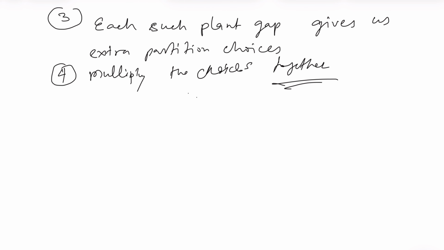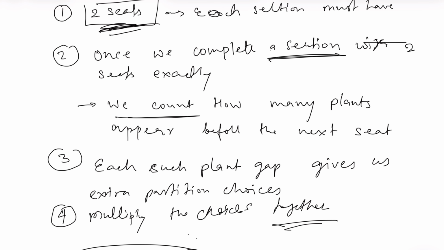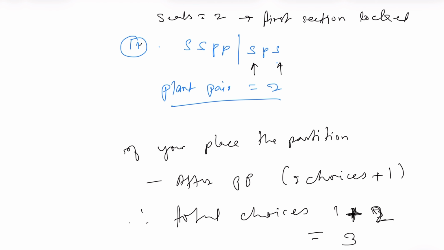Why will multiplication happen here? Tell me. Because the choices are identical between the seat pairs. If you observe here, you can take a partition after this plant or after this one, or here also, the gaps are there.